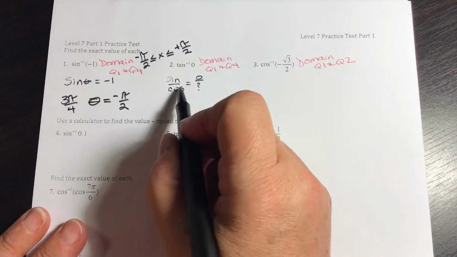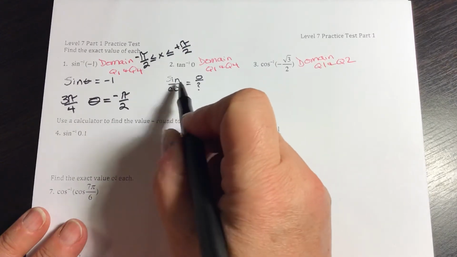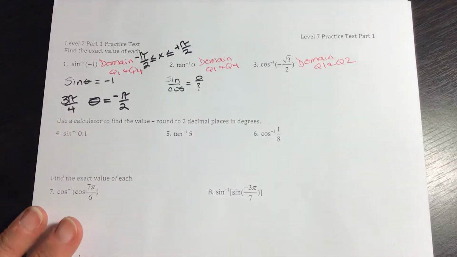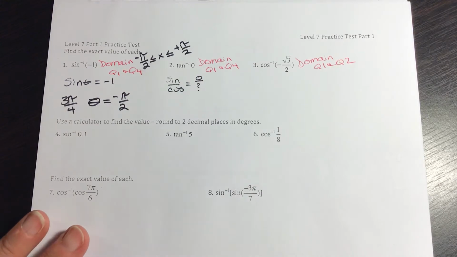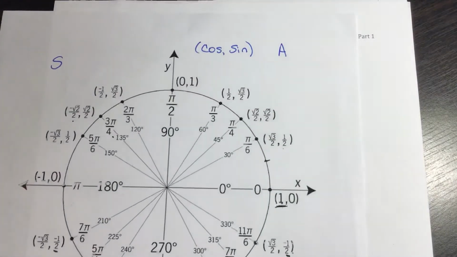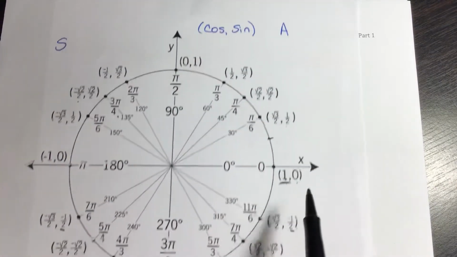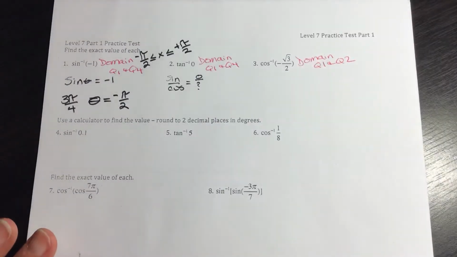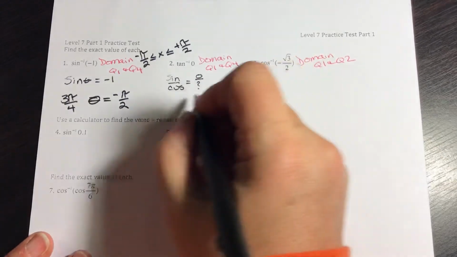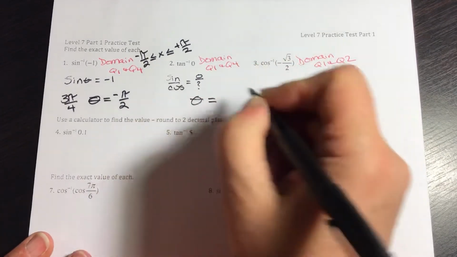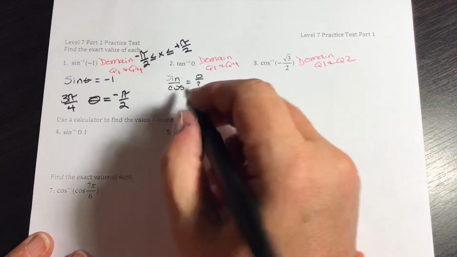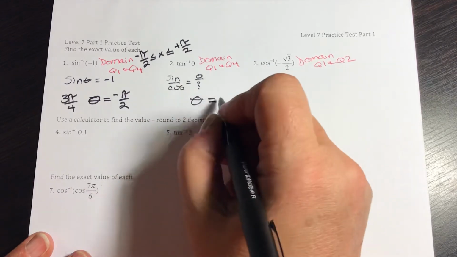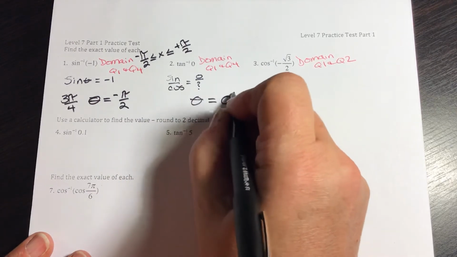So I'm looking for the angle that's going to give me sine equal to 0. And if I look here, sine equals 0 at 0 degrees, which is between pi over 2 and negative pi over 2. So the angle that gives me sine of 0, because 0 divided by anything is 0, is 0.